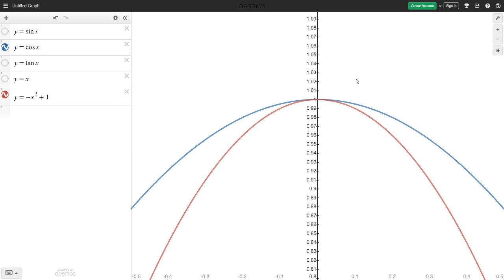Now, this is close. You can see we've got the shape right, but it doesn't fit on the graph as well as y equals x did on sine. So that's an issue. But these look very, very similar.